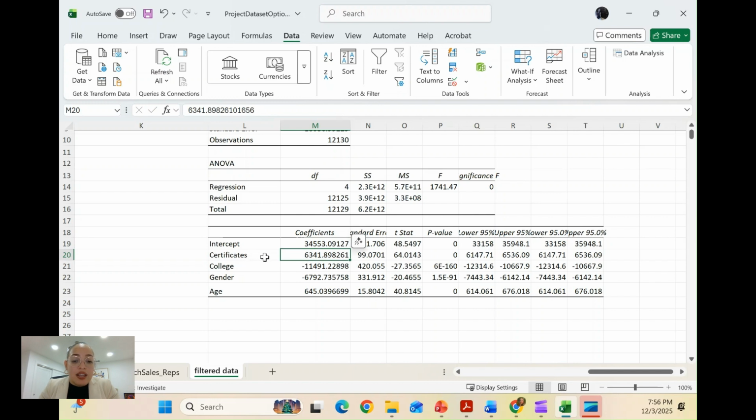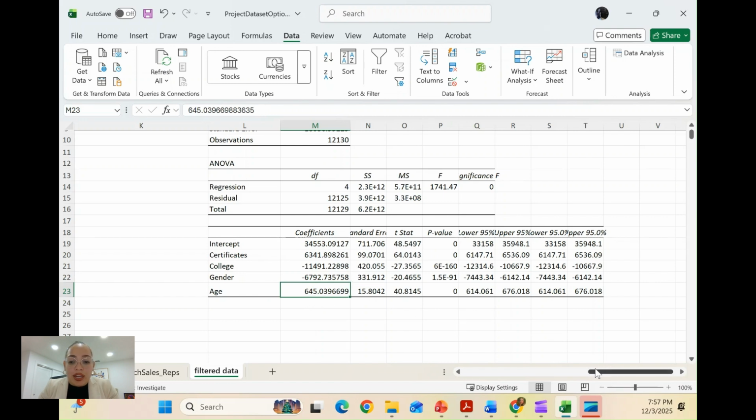So that means that the more certificates a sales representative has, the salary will increase by $6,341. The college degree, if he doesn't have a college degree, the salary will go down by $11,491. The gender, if it's a male, sorry, will go down by 6,792. And the age, the older the sales representative is, the salary will increase by $645.